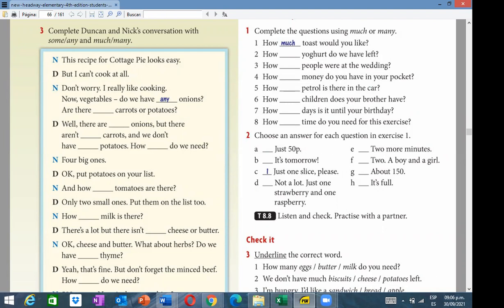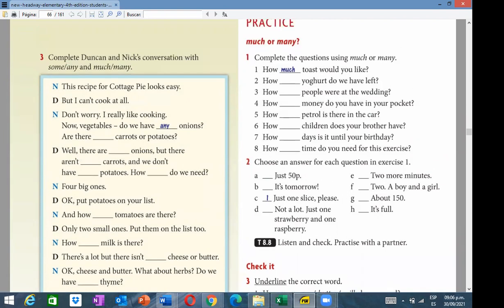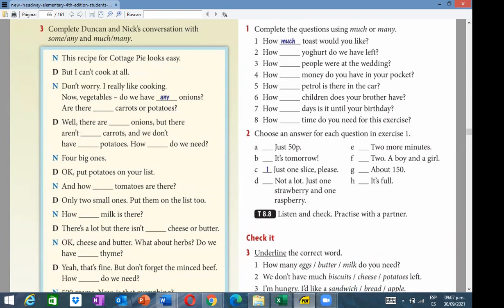Remember that it is a conversation between Nick and Duncan. And they are talking about the ingredients that they have and also the ingredients that they don't have for the cottage pie for their girlfriends, right? One minute more.